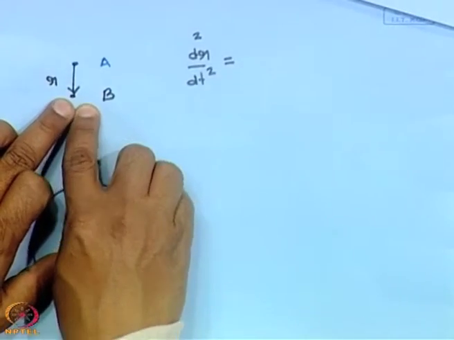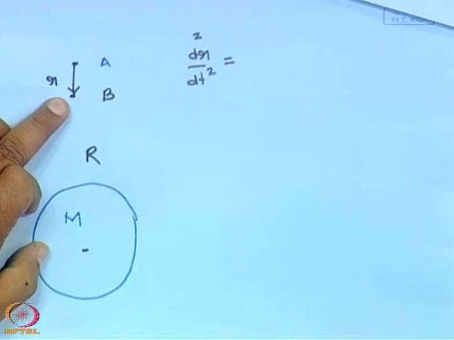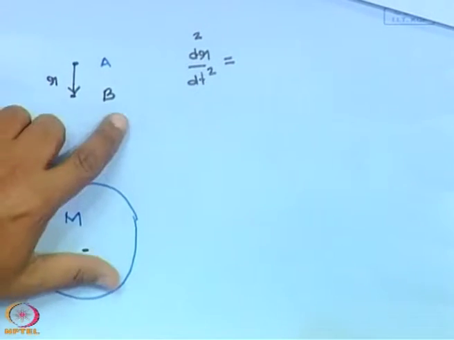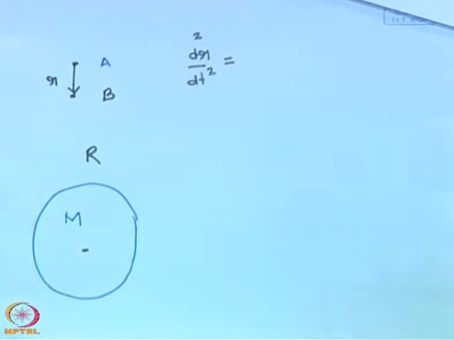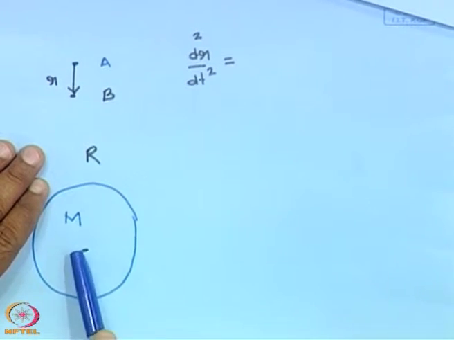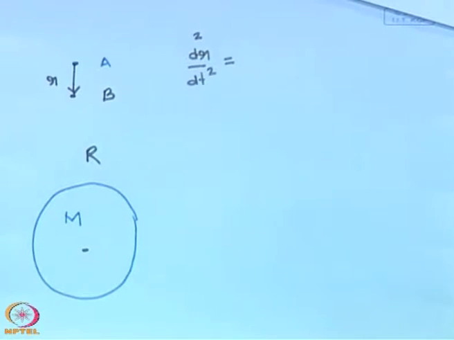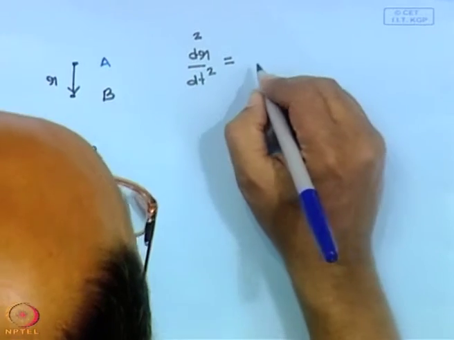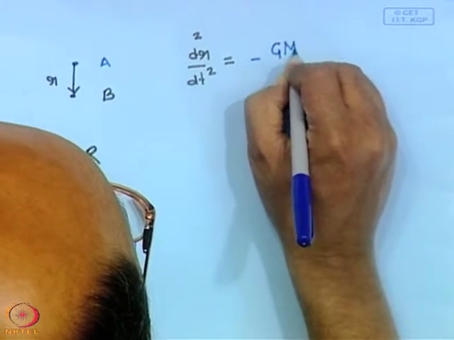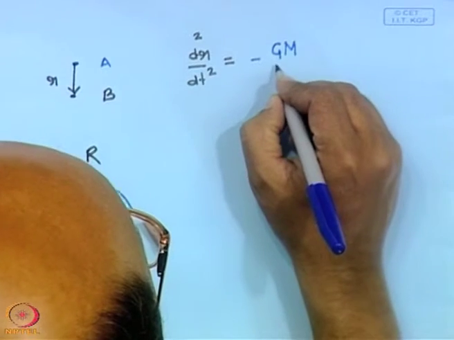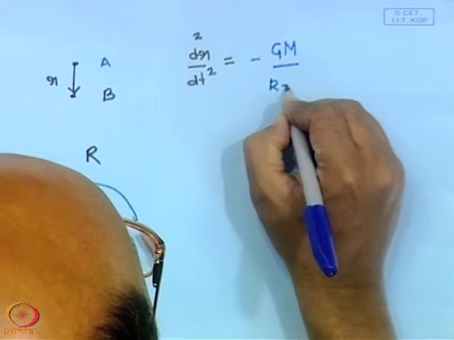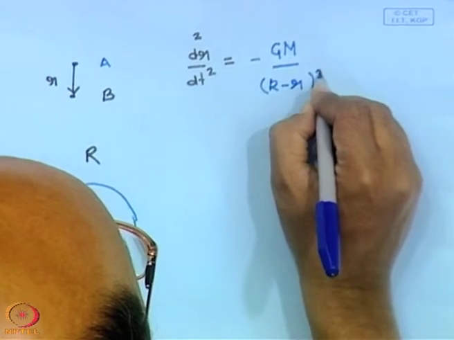Okay. So, with this, let me come back to the calculation that we were doing. We are writing the acceleration of B with respect to A. We will first write the acceleration of B with respect to this object, that is going to be minus Gm by (R minus r) square.